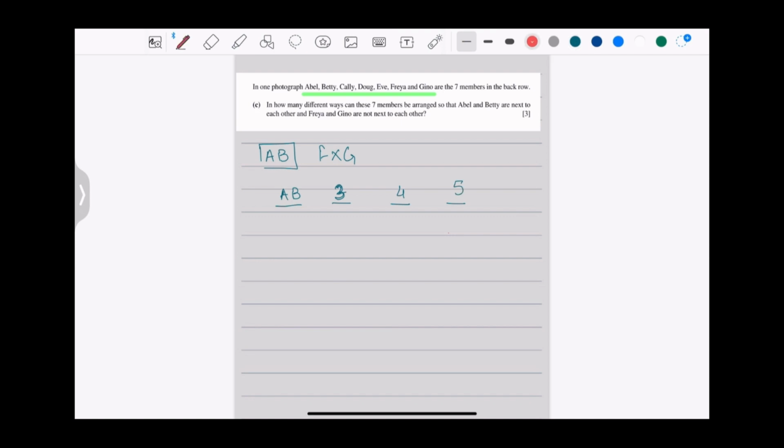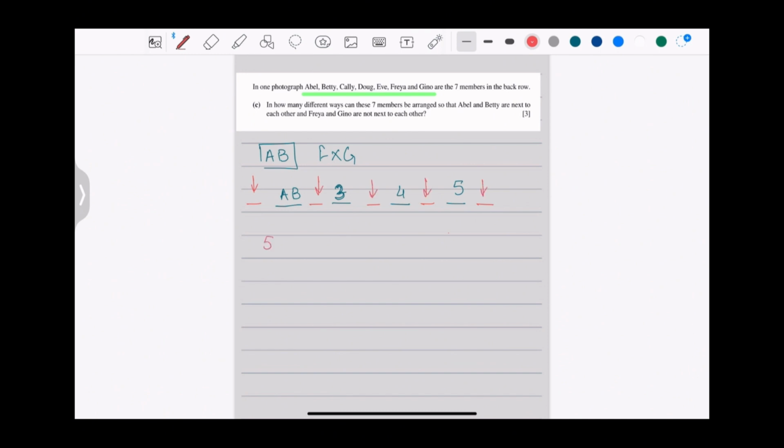And F and G can only fit in these red spots. These are the only places where they can fit in order to fulfill the condition of the question. So there are a total of 5 possible spaces, and out of which they are to take any 2.